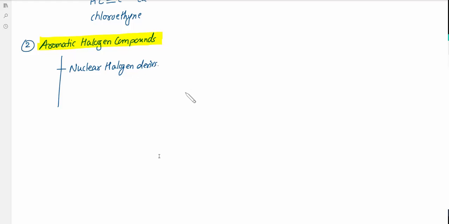So here the chloride or the bromide, or basically the halogen atom, is attached directly to the ring. These are derivatives of aromatic compounds in which the halogen atom is directly attached to an aromatic ring.